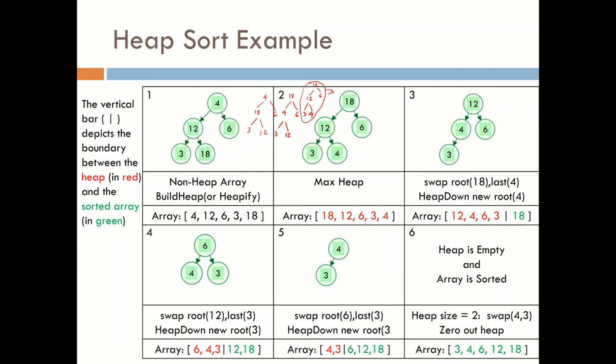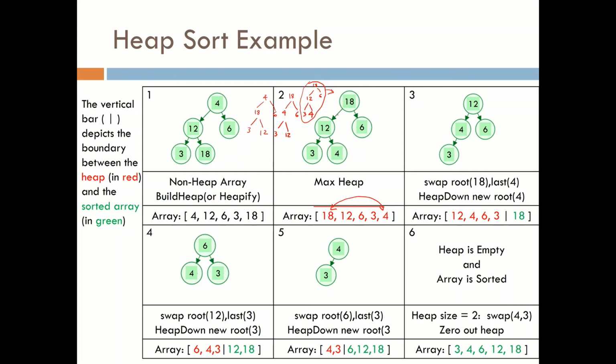So we begin the process by swapping the 4 with the 18. In essence, we're removing this, but we do it by swapping the first element and the last element. So our array looks like this now. When we effect this swap, you notice that the 18 is now at the end of the array in number 3.